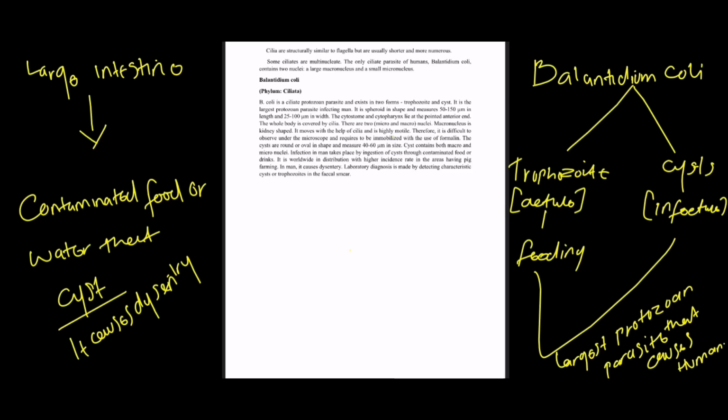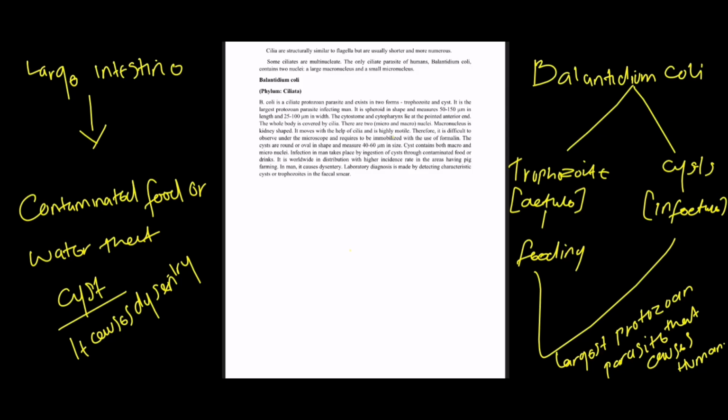So in essence, Balantidium coli is a ciliated parasitic protozoa, the largest parasitic protozoa that causes infection in humans, normally found in the large intestine. It is mostly transmitted through ingestion of cysts, often from pigs, it causes dysentery, and it is diagnosed using stool examination.